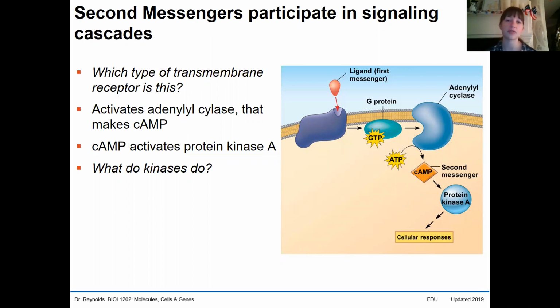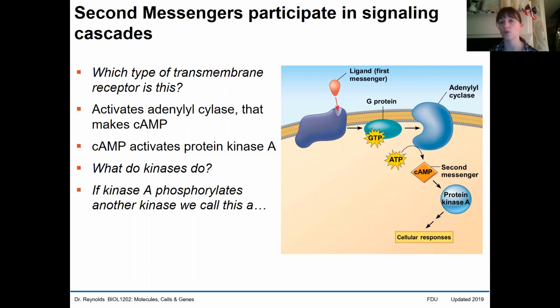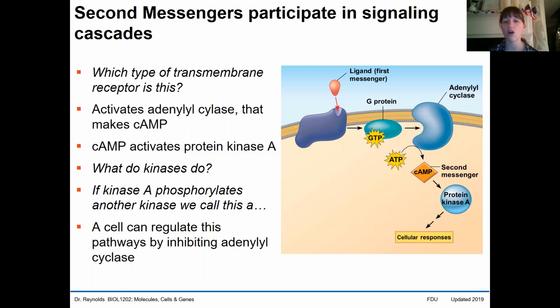That enzyme is responsible for the conversion of ATP into a non-protein second messenger known as cyclic AMP. That cyclic AMP can activate a protein kinase. Well, kinases transfer phosphates. So if kinase A phosphorylates another kinase, we call this a phosphorylation cascade. And eventually that cascade of different kinases can get all the way down to a cellular response.